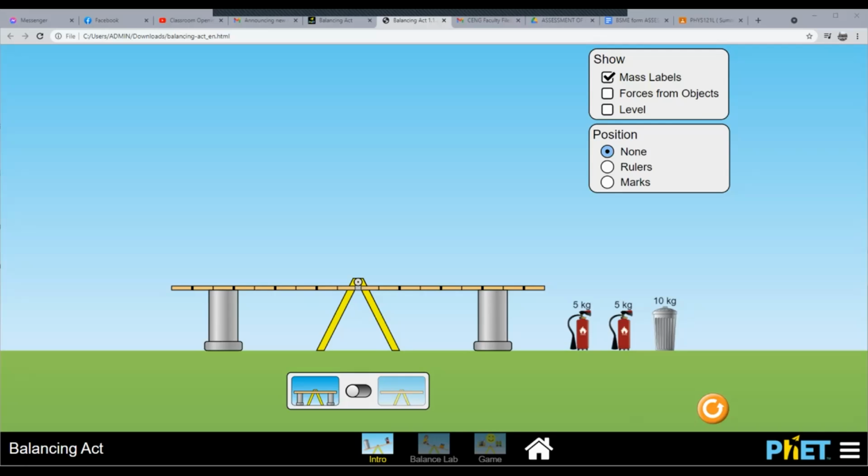You would notice that we have here, let's say for example, a fulcrum. In the fulcrum, there is only one support, which is in the middle.